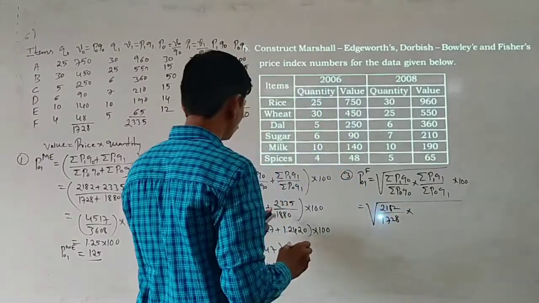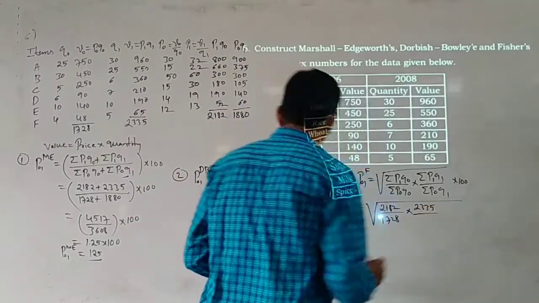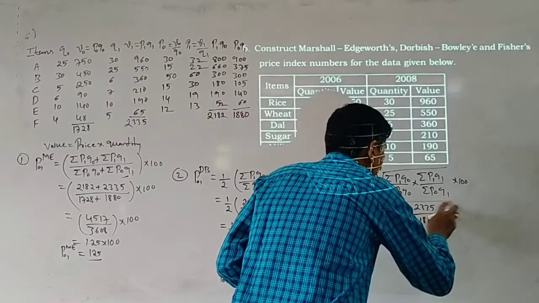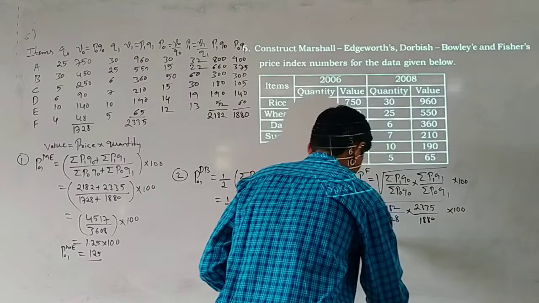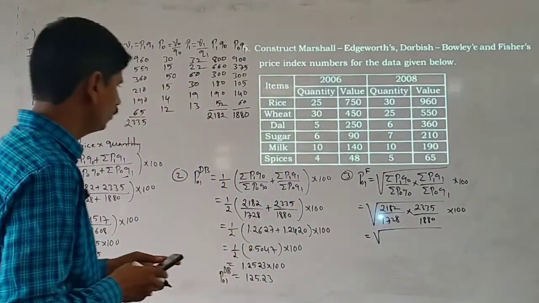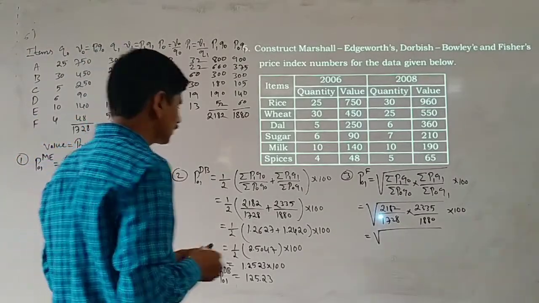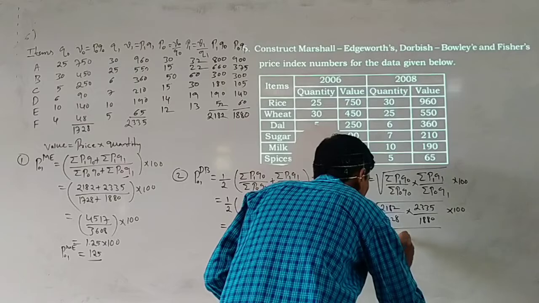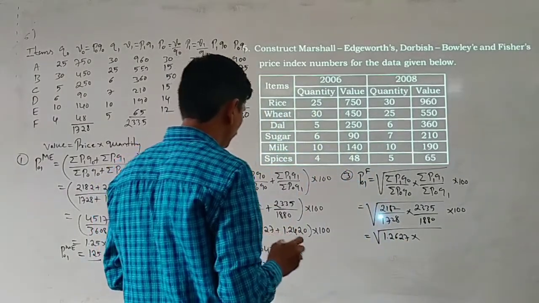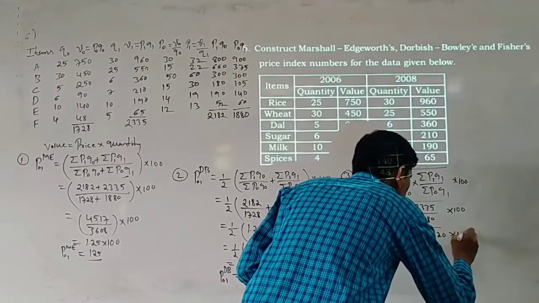into 2335 divided by P0 Q1 value, which is 1880, into 100. It is the square root of 2182 divided by 1728, which is 1.2627, into 2335 divided by 1880, which is 1.2420, into 100.